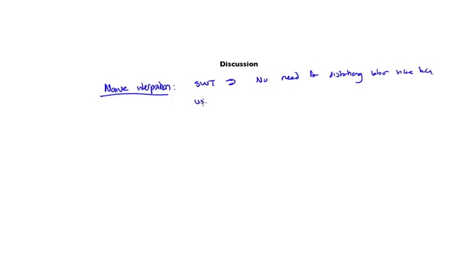All you have to do is use lump sum tax or transfer policy to redistribute, which implies no deadweight loss.